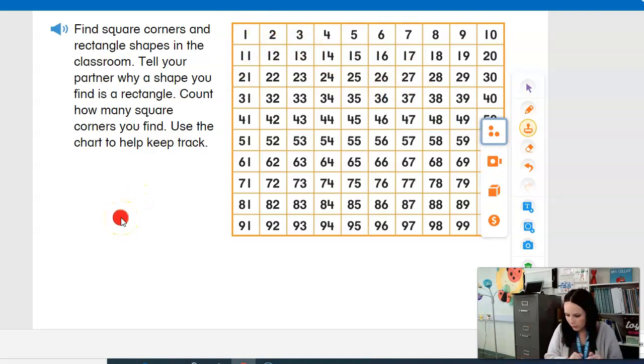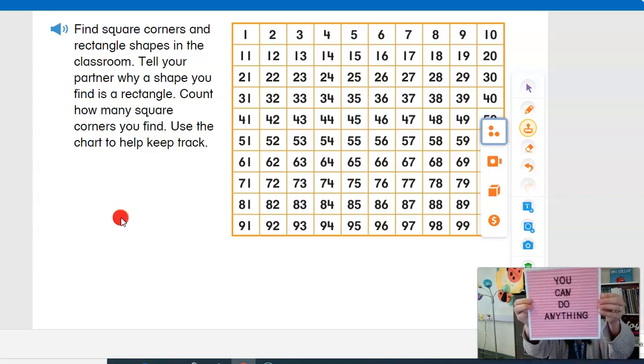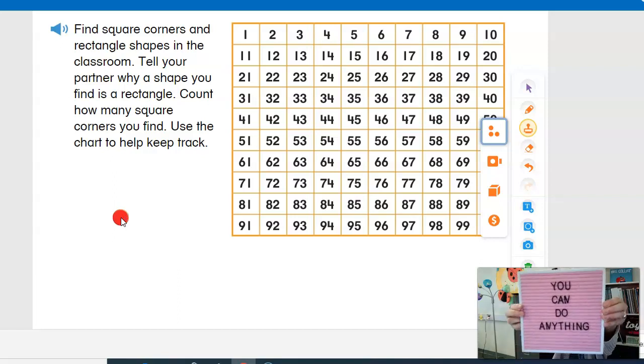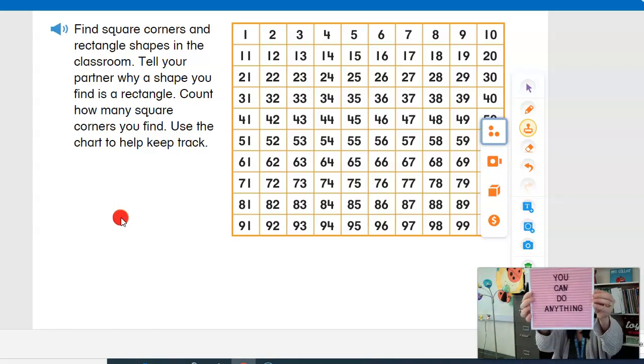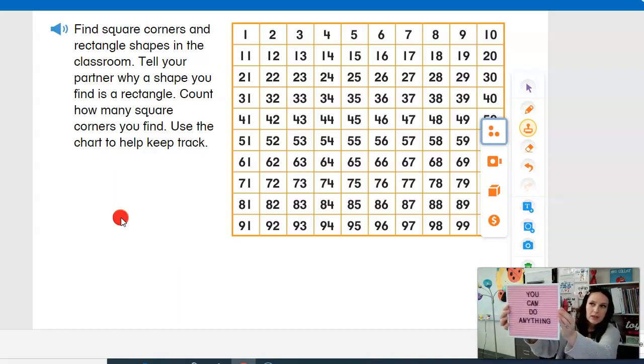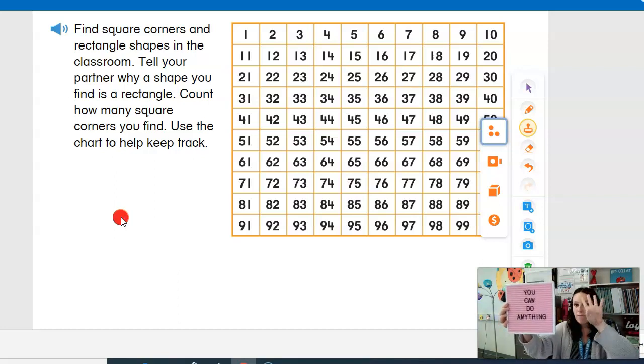Let's look for a square corner. I found one. My sign that I hold by my desk, it says you can do anything. This is a square. So a square has 4 sides and 4 corners, but all of the sides are equal.